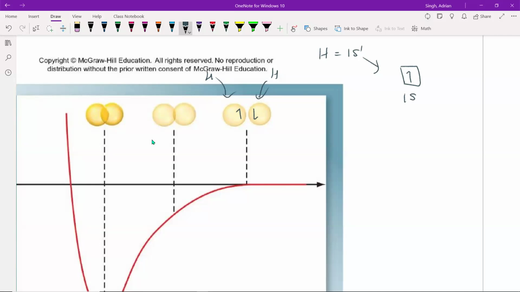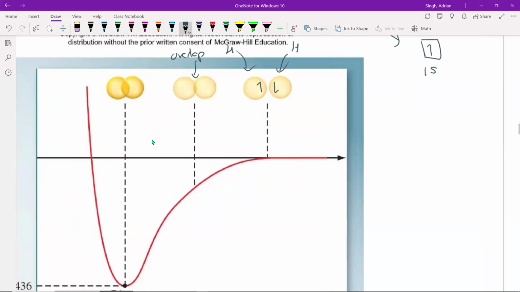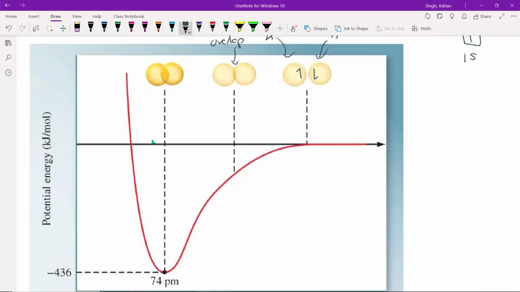If I bring these atoms, these orbitals, close together, eventually they're going to start to overlap. As you bring them closer and closer together, that overlapping becomes more extensive until we get to the point where the overlap is such that we have the lowest potential energy for the system.